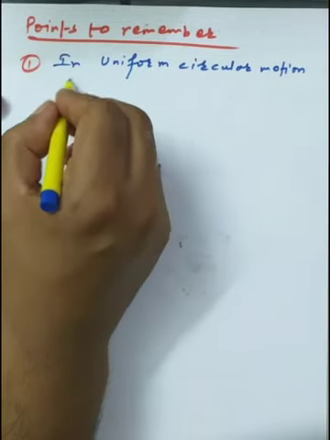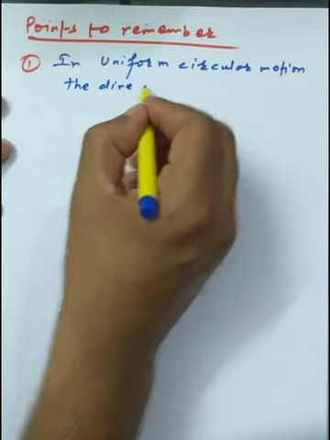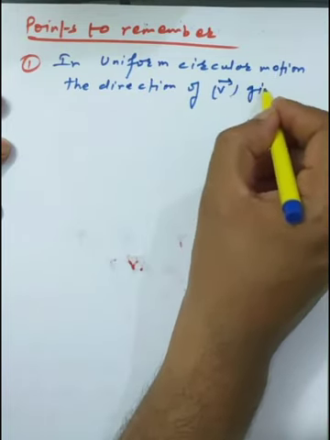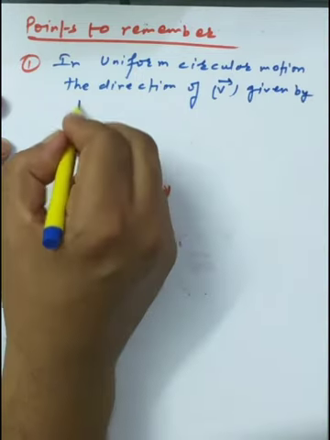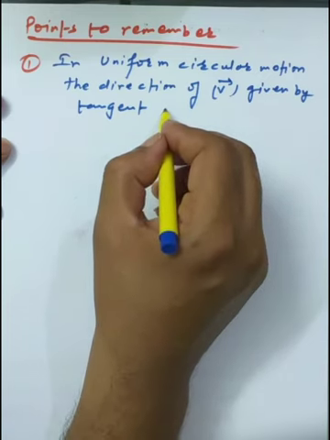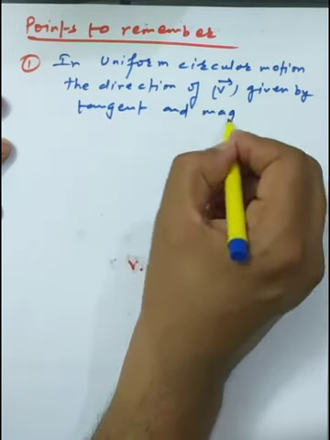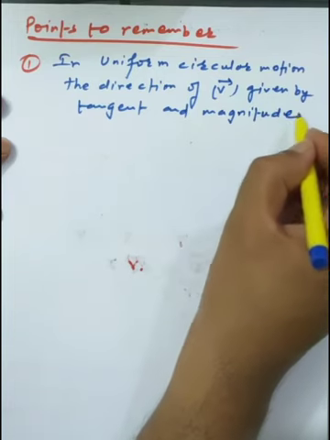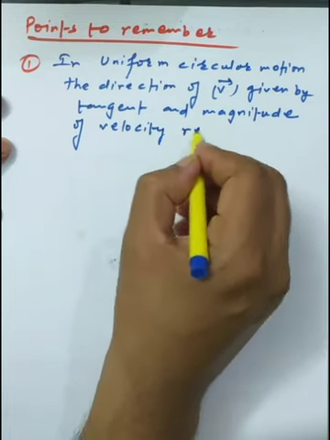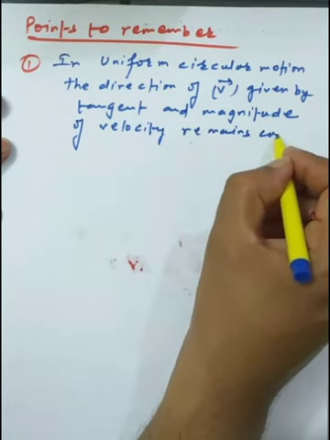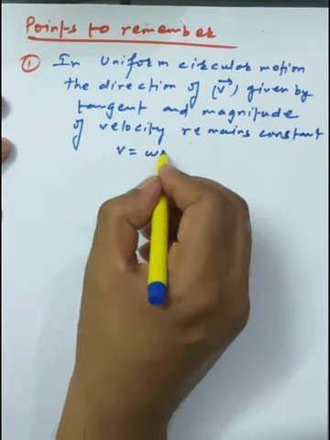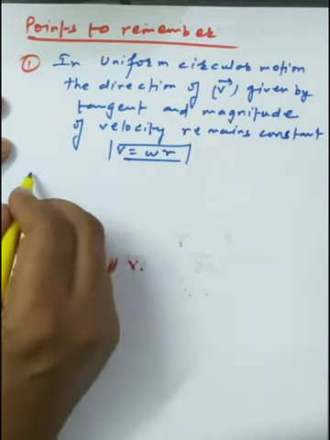In uniform circular motion, the direction of velocity is given by the tangent, and the magnitude of velocity remains constant, because V is equal to omega R. This is the general formula we have.